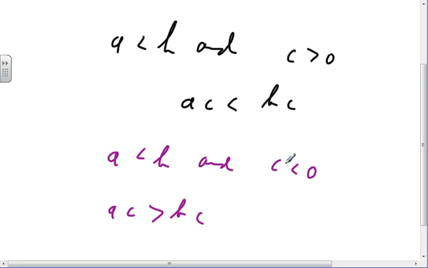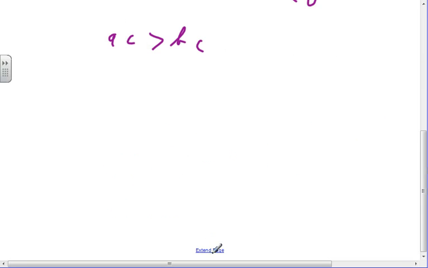Because this is a negative number. As soon as I multiply that negative number by the lesser guy, he's not going to be bigger than that negative number multiplied by the bigger guy, because now they're both negative. And if A is less than B and C is equal to 0, then AC has to be equal to BC, because 0 is equal to 0. That's not there, but that's implied.